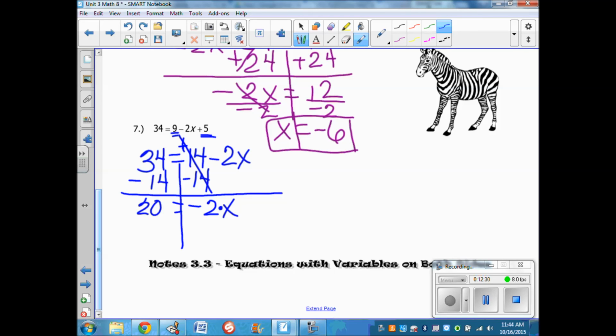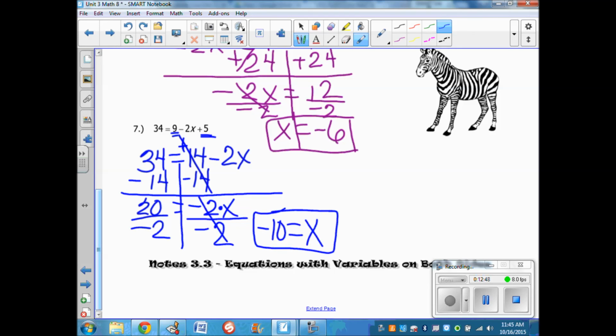Do the opposite, the inverse operation. The inverse of multiplying is divide. So you have to divide by the number that's attached to the x. You want to divide by negative 2. So we end up with x is equal to negative 10. Nice job. We're going to do lots of practice in class.